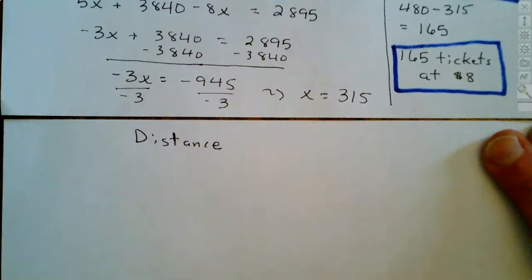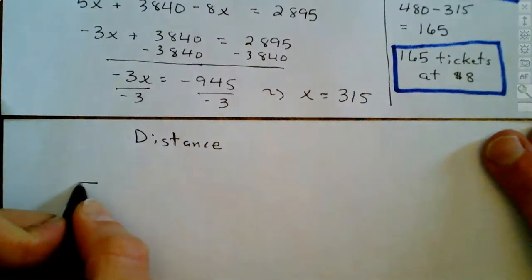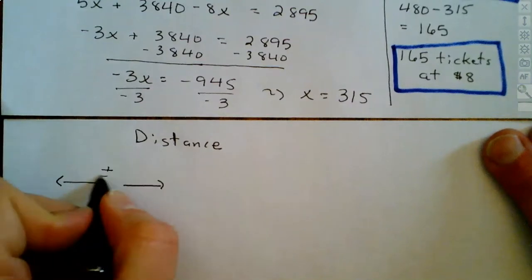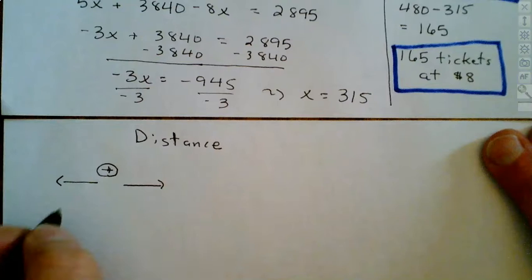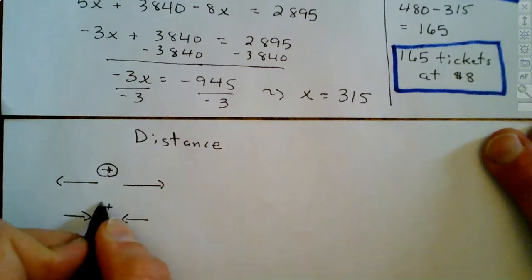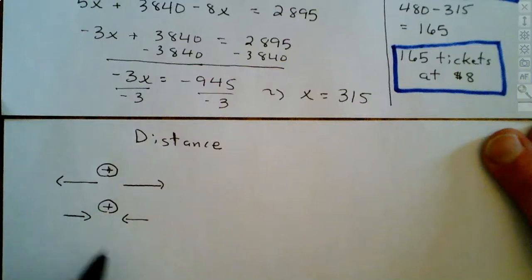And when we talk about distance problems, if they're two cars going in opposite directions, like this, it's addition. If they're going towards each other, like this, it's addition. If they're going north and south, it's addition. So these are all addition.